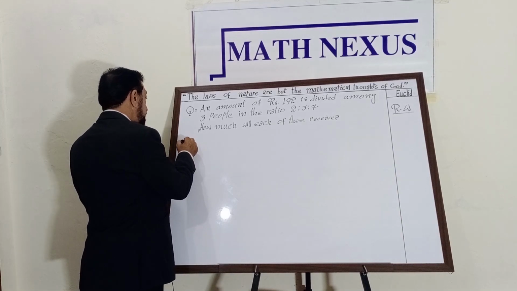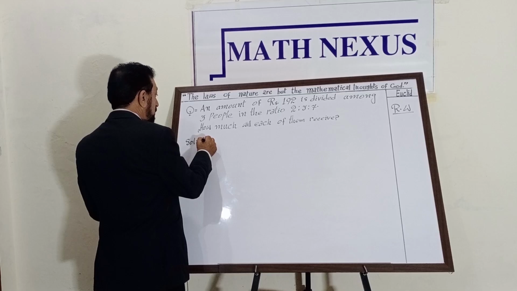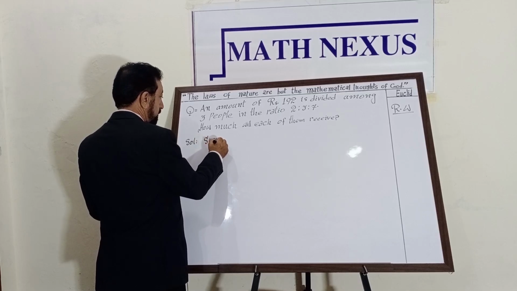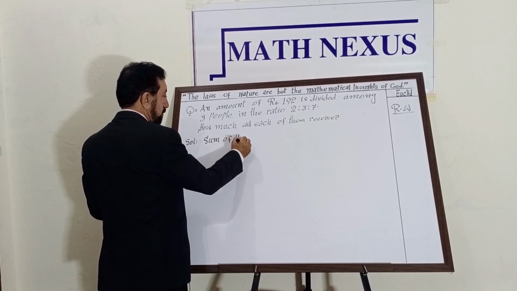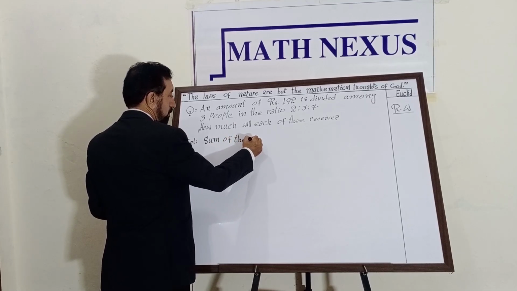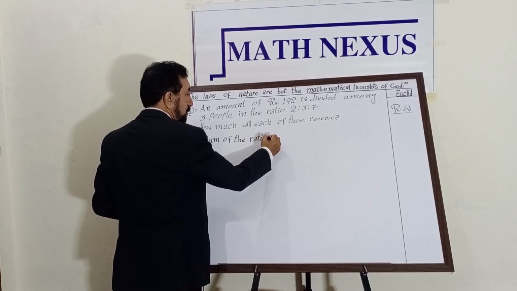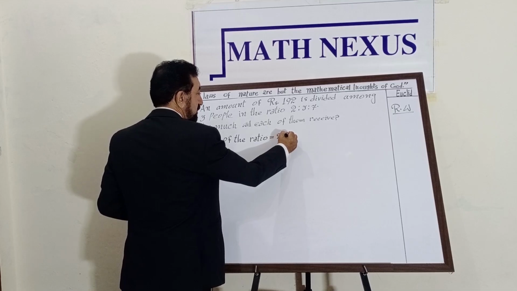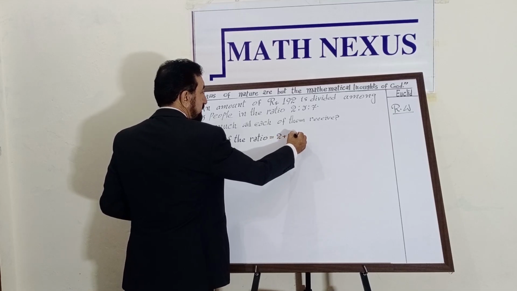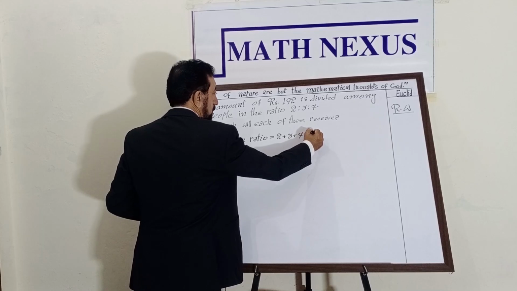First of all, sum of the ratio is equal to 2 plus 3 plus 7 equal to 12.